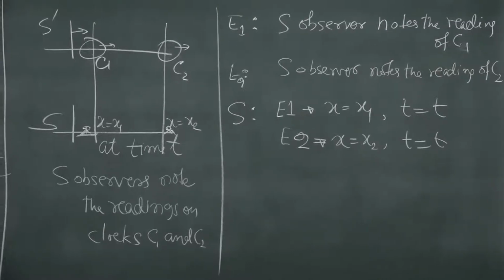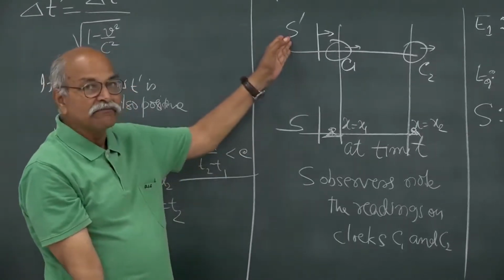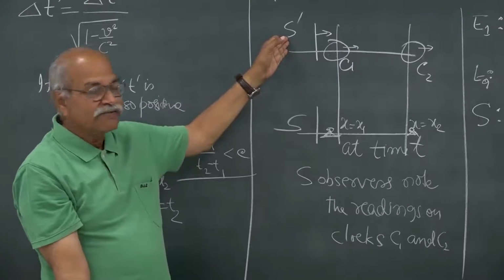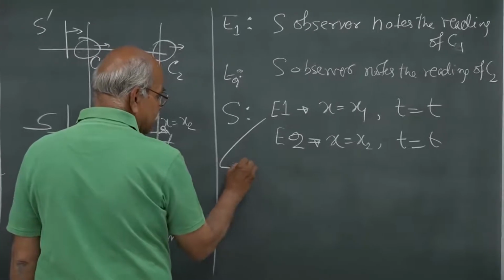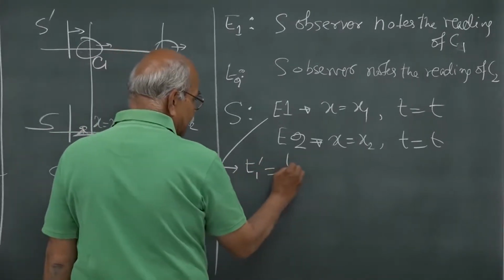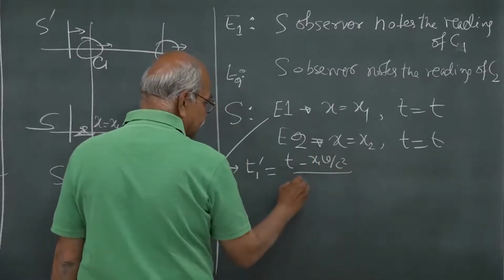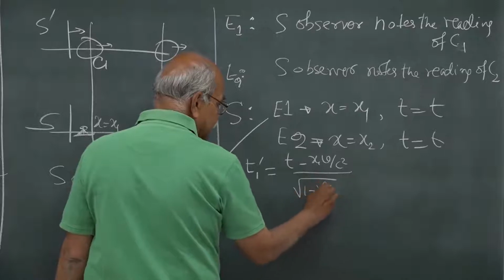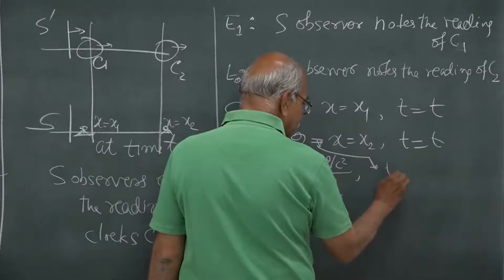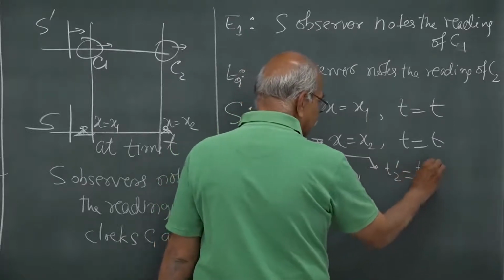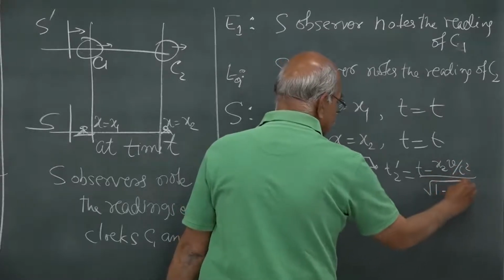What is the time of these two events in frame S prime? We can use the Lorentz transformation. For E1 we can write t1 prime is equal to (t minus x1 v by c square) divided by square root of 1 minus v square by c square, and for E2 we can write t2 prime is equal to (t minus x2 v by c square) divided by square root of 1 minus v square by c square.